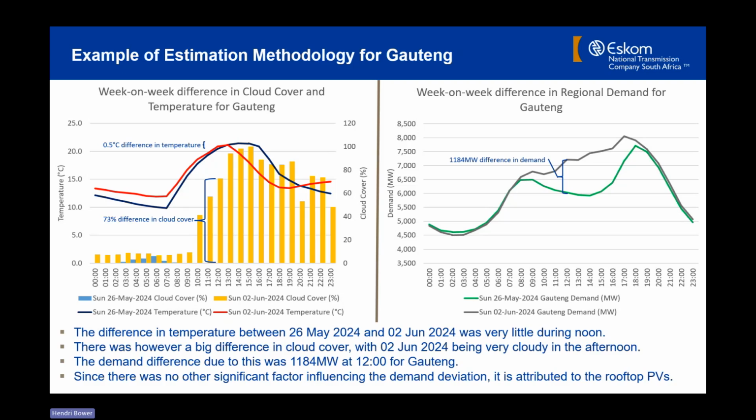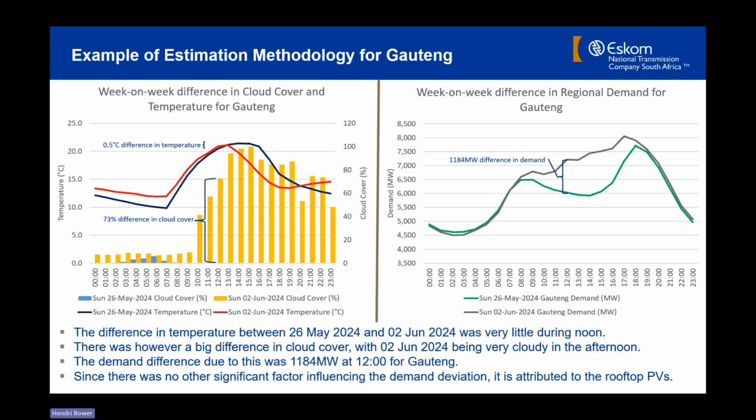So as you can expect, if you have high levels of cloud cover, the output from your PVs is dropping, which means that the amount of energy that we need to supply as national control, or ultimately as the larger ESKOM, that portion then needs to be supplied by us. And that difference then is what is attributed to the rooftop PV.